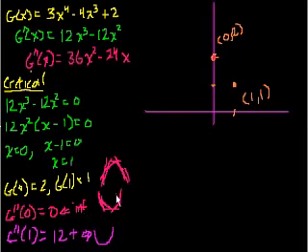So what do we know? We know definitely that around 1, 1, we are concave upwards. And I show that the graph keeps increasing after that point.